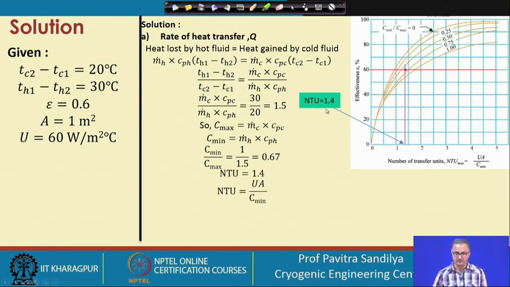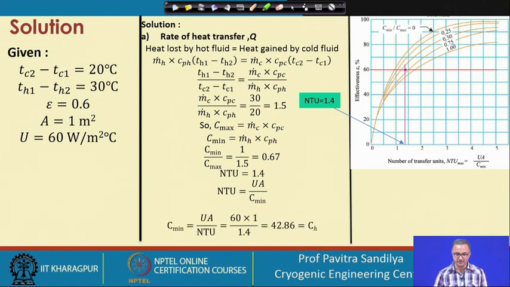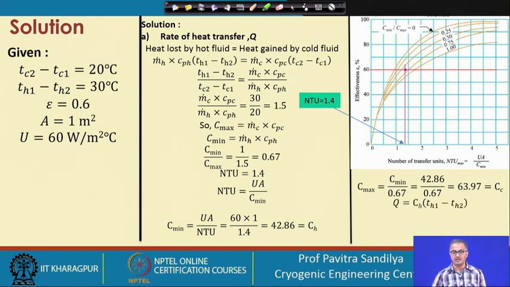Now, after this we use this formula, and we find that the C min is coming to 42.86, and that, as I told you, is also the value of the C of the hotter fluid. Using this, we can find the value of C max. C max is nothing but the C of the colder fluid, and now we can find the value of Q using either C max or C min.